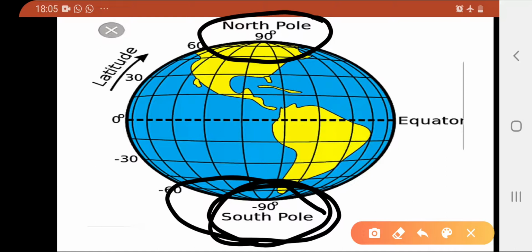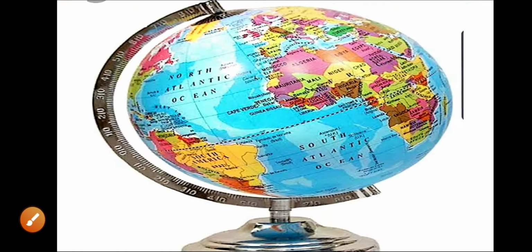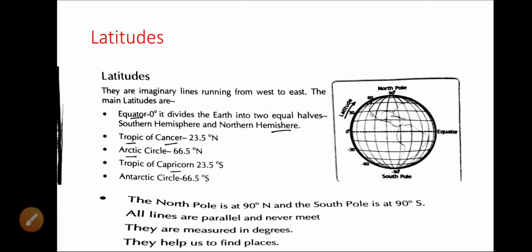So children, days and nights are caused due to the rotation of earth on its axis, right, children? So you can see over here the latitudes. Now let's find out more about latitudes. They are imaginary lines running from west to east, and the main latitude is 0 degree, right, children?